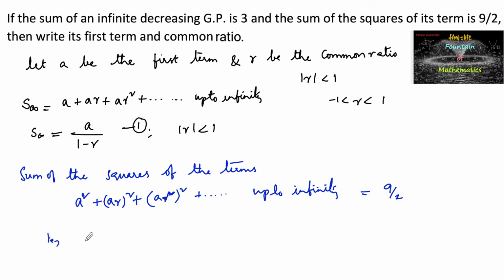That is, A square plus A square R square plus A square R power 4 and so on up to infinity, which is equal to 9/2.